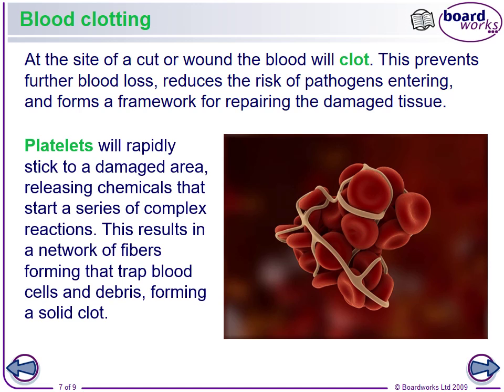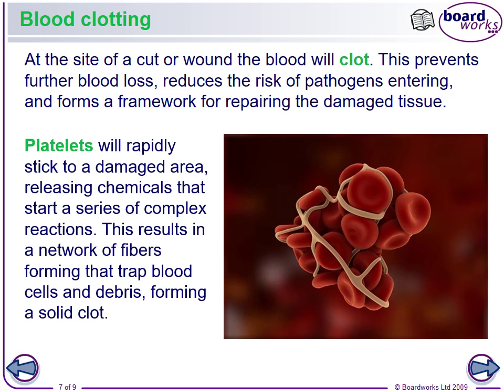So your platelets, they're sticky, kind of like Spider-Man's spiderweb, right? They release chemicals that will start a ton of different reactions going on, and you get a network of fibers that trap blood cells and debris, and helps form a clot. So it basically builds up a barrier there to keep everything out as fast as possible.